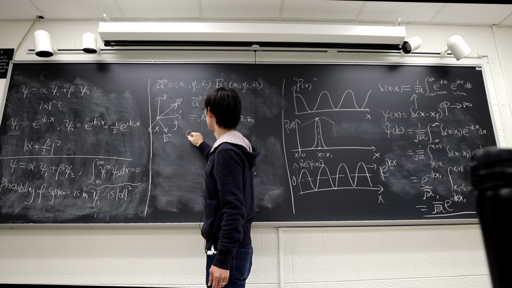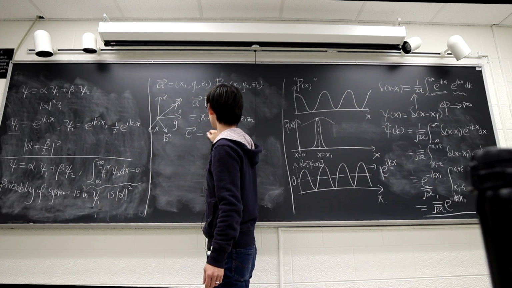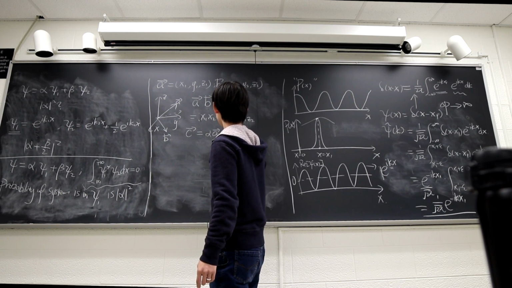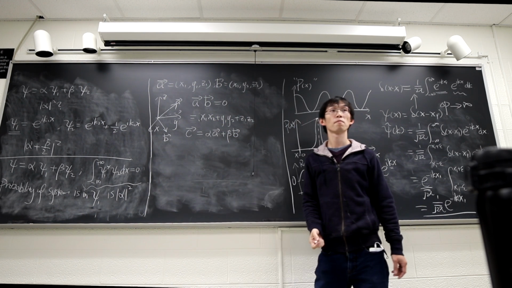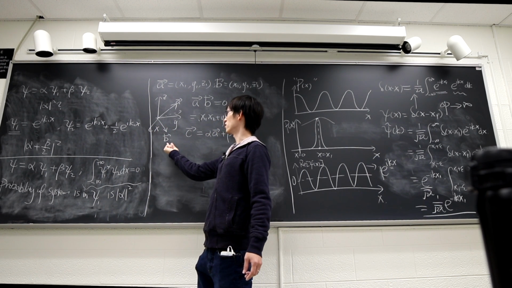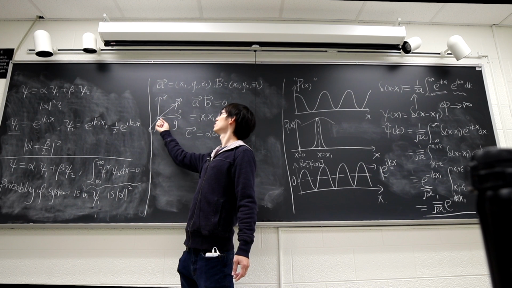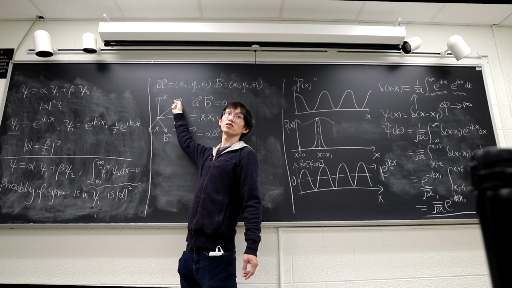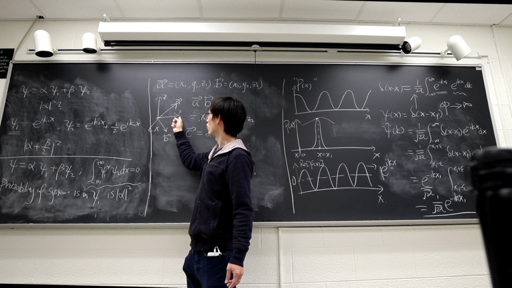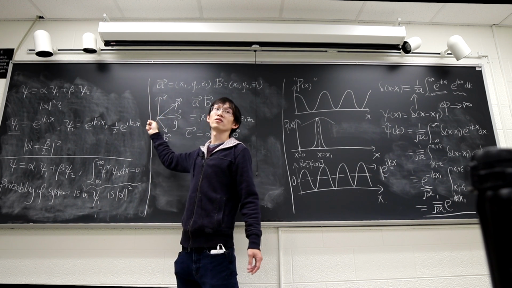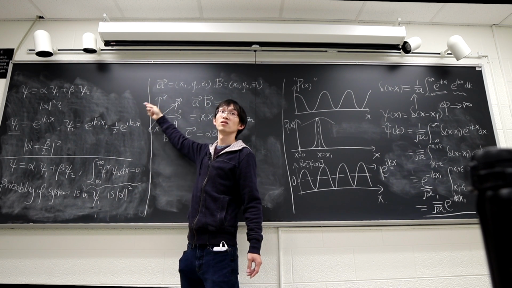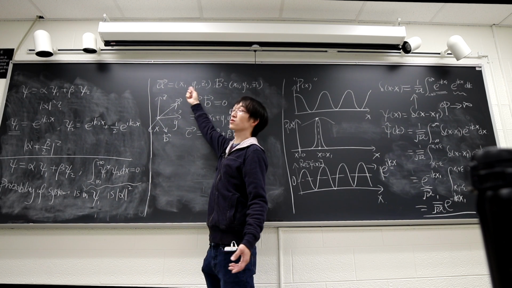You can write C as a linear combination of A plus B. Because they're orthogonal, whatever happens in the direction B doesn't affect the direction A. It's just like having coordinates x, y, z: the value in x doesn't affect your value in y or z, so you can write down something as x, y, z.